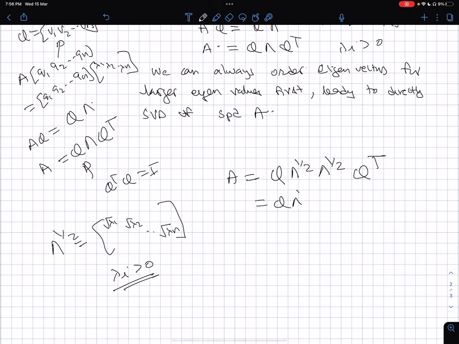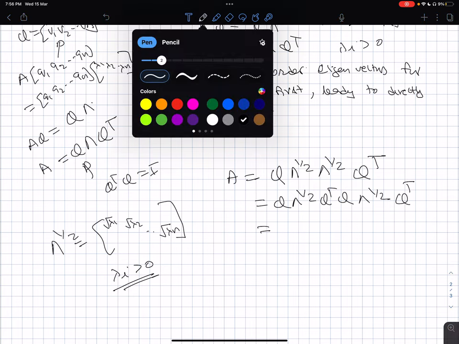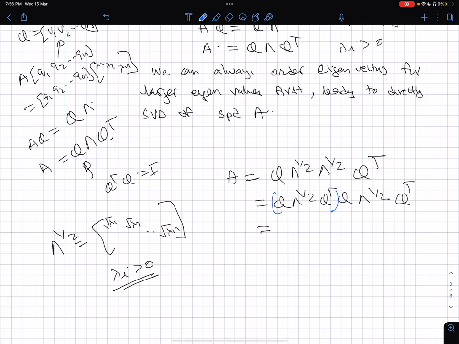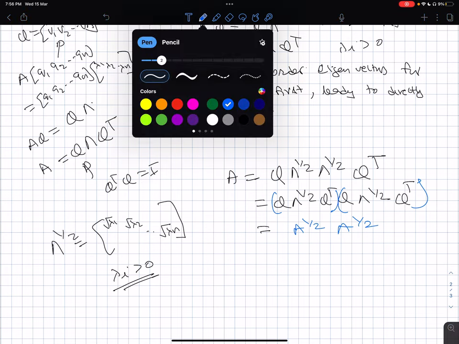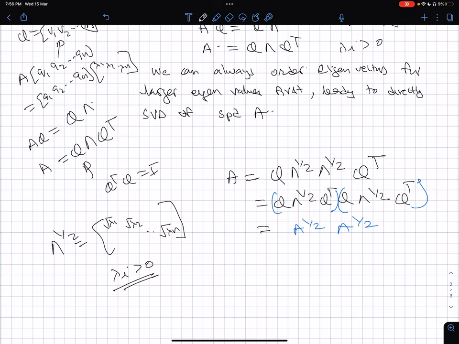And then I will introduce Q transpose Q, which is an identity matrix, in between here, and write it in this form, and then group this as one matrix and this as another matrix and write it as a product of two identical matrices, which I am going to notationally call A to the power half, because the eigenvalues are square-rooted and the eigenvectors are the same.